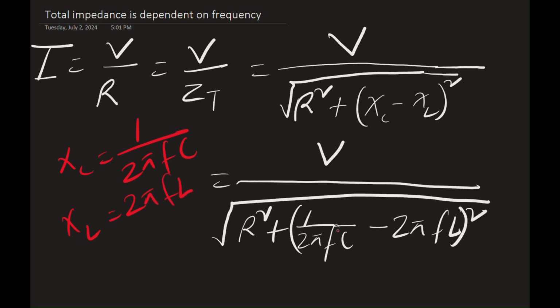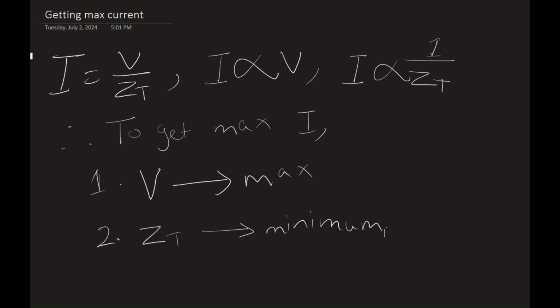Now, as you can see in this formula, the total impedance is affected by frequency here and frequency here. So the total impedance is affected by frequency. Now, if we were asked to get maximum output from a circuit, what could we do? We could do two things.